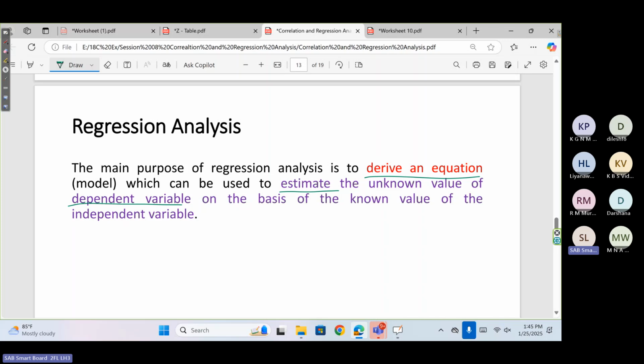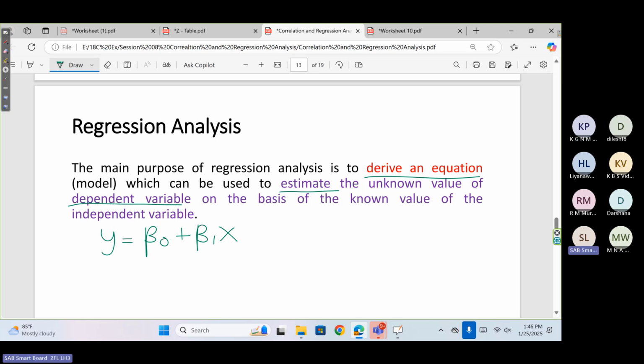Here, this is the format of the regression equation. Normally we say the formula is the regression model. We can apply the regression model like this: Y equals beta naught plus beta 1 x. It's clear? Okay, this is the simple regression line.